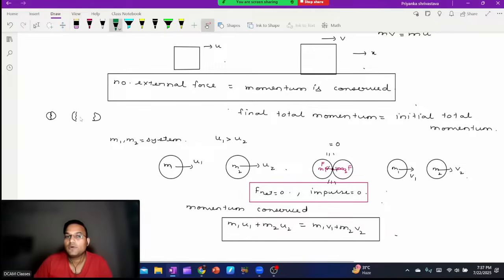When it is exploding, the force will be acting here and here, but these two forces are equal and opposite, so they will cancel each other. So there is no net force acting on this system. We are taking the two balls as a system. No net force is acting, F net is equal to 0, so you can apply the law of conservation of momentum.